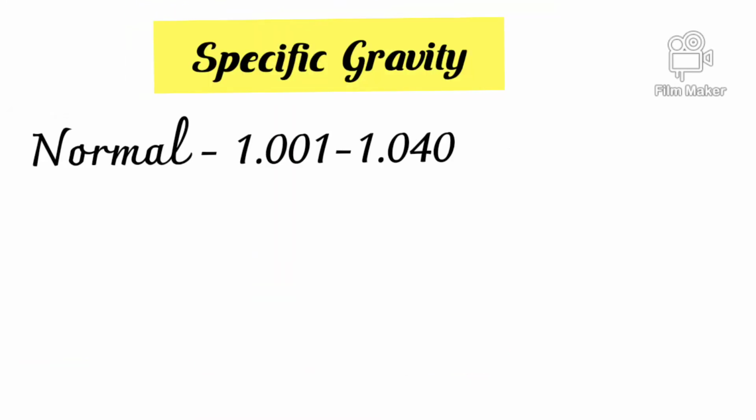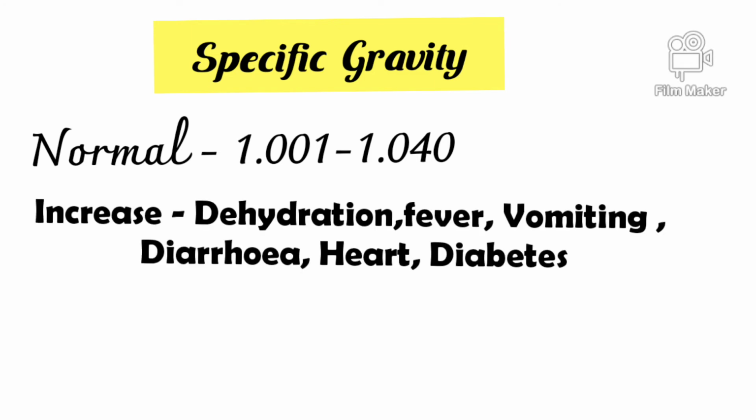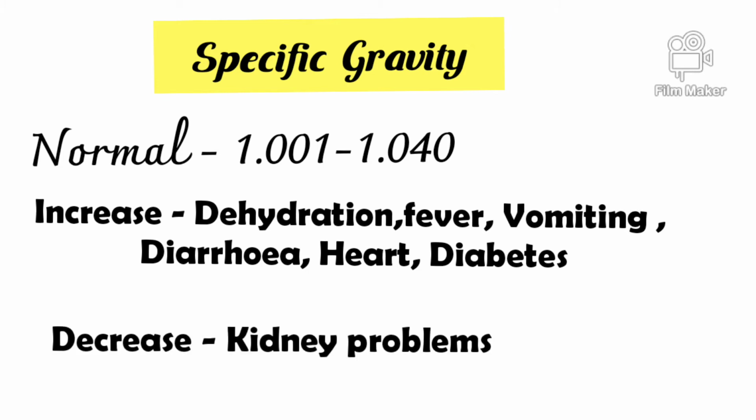Next comes the specific gravity. Normally a person has a specific gravity of urine of 1.0012 to 1.040, but there are conditions where specific gravity is increased, like dehydration, fever, vomiting, diarrhea, and diabetes mellitus. A decrease in specific gravity is generally seen when a person has a kidney problem.